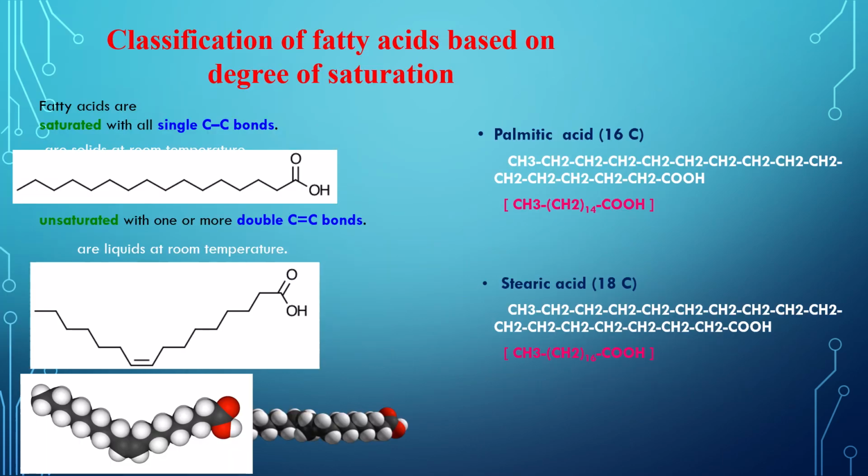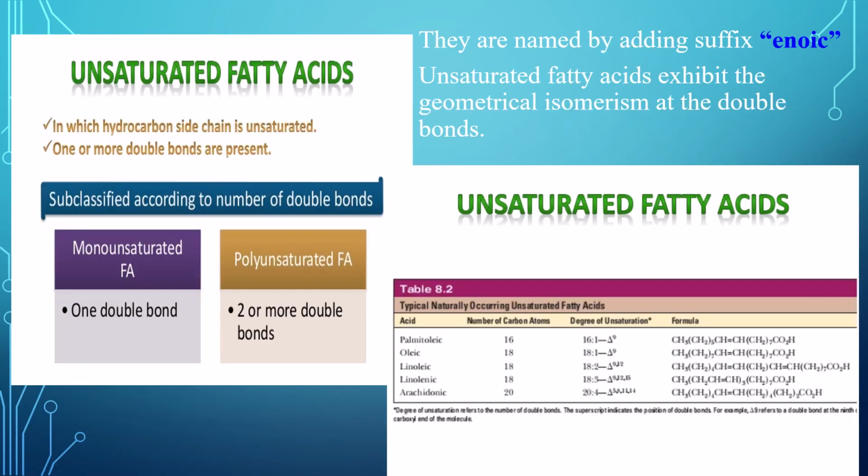Then classification of fatty acids based on degree of saturation. They can be saturated. In saturated fatty acids, the long fatty acid chain has no double bonds. Then unsaturated fatty acids, in which the hydrocarbon chain is unsaturated, contain one or more double bonds.